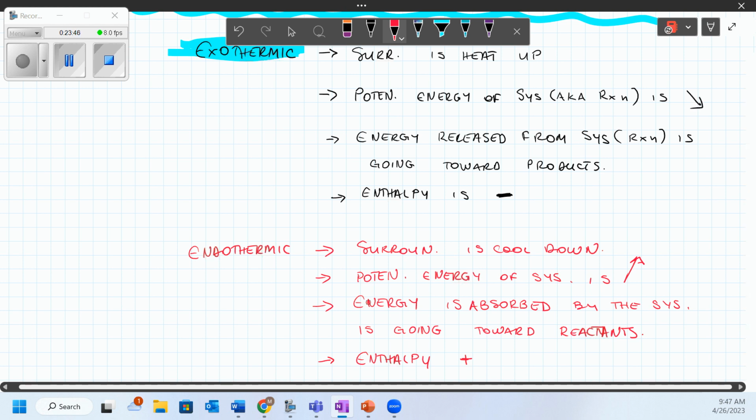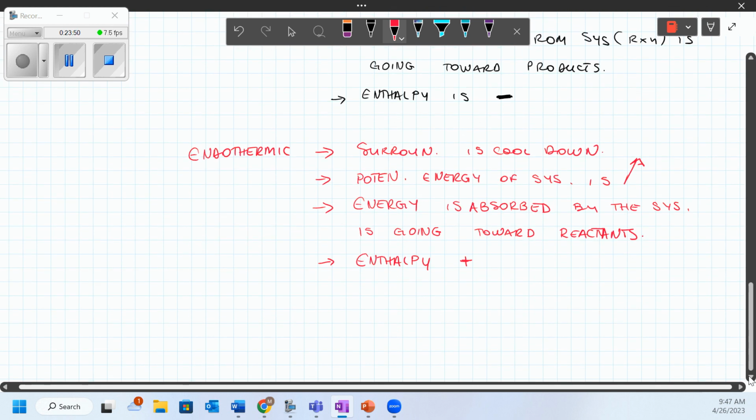When it is positive, as we do in math and in chemistry, we do not always state it, but if it is not stated, it means that it is positive.